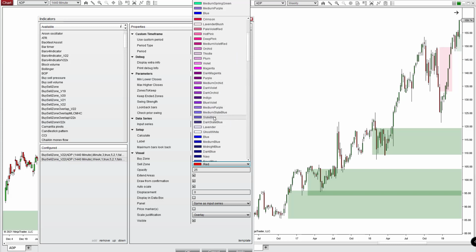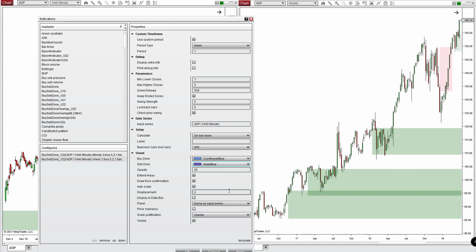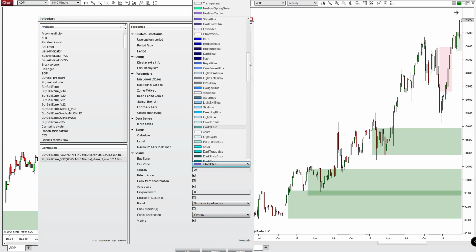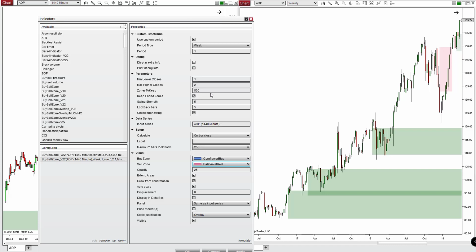Let's go with slate blue, I guess. No, let's go with a red color. Let's go with the pink color. Alright, let's apply that.